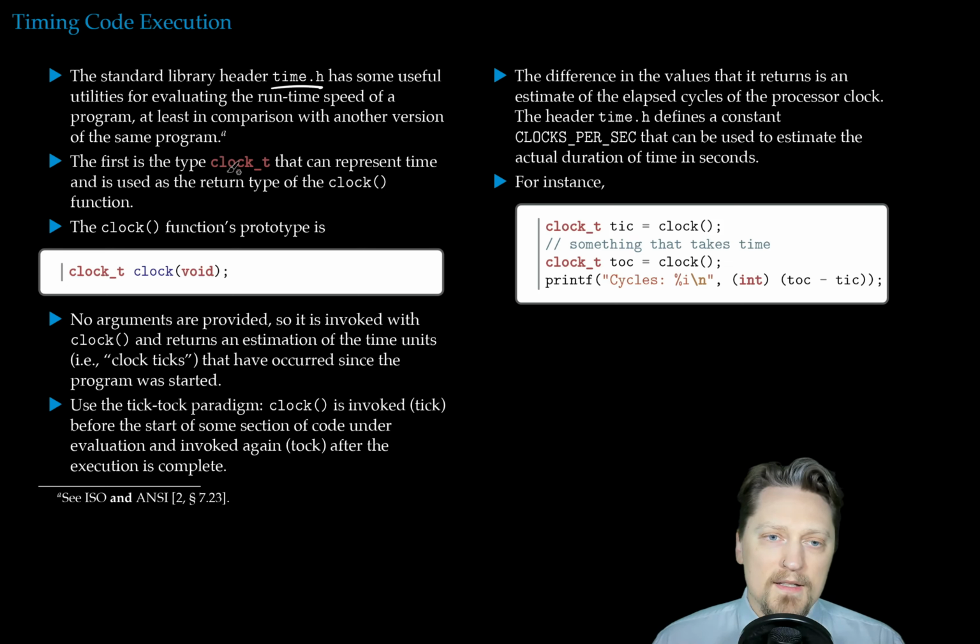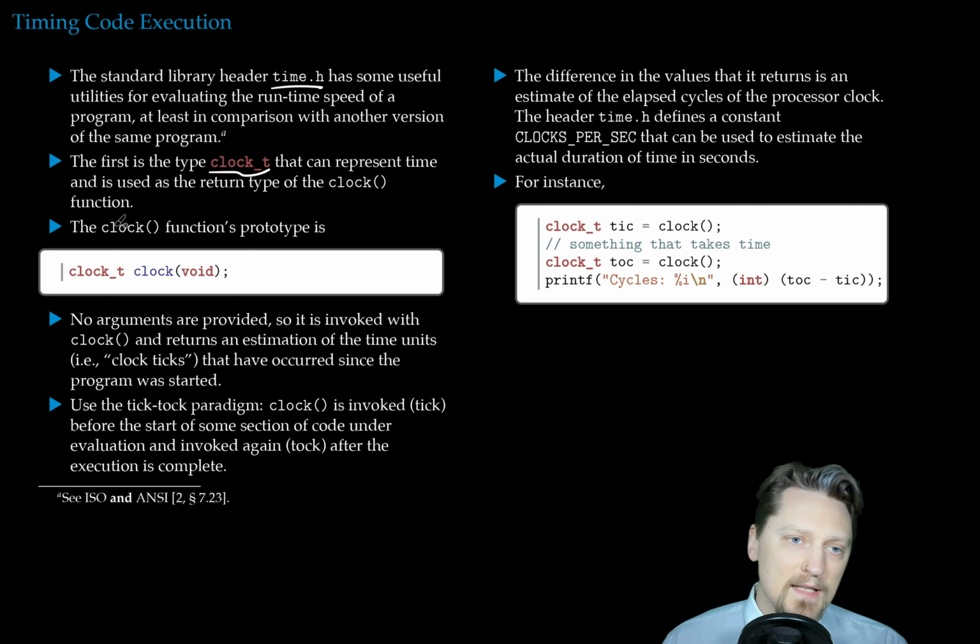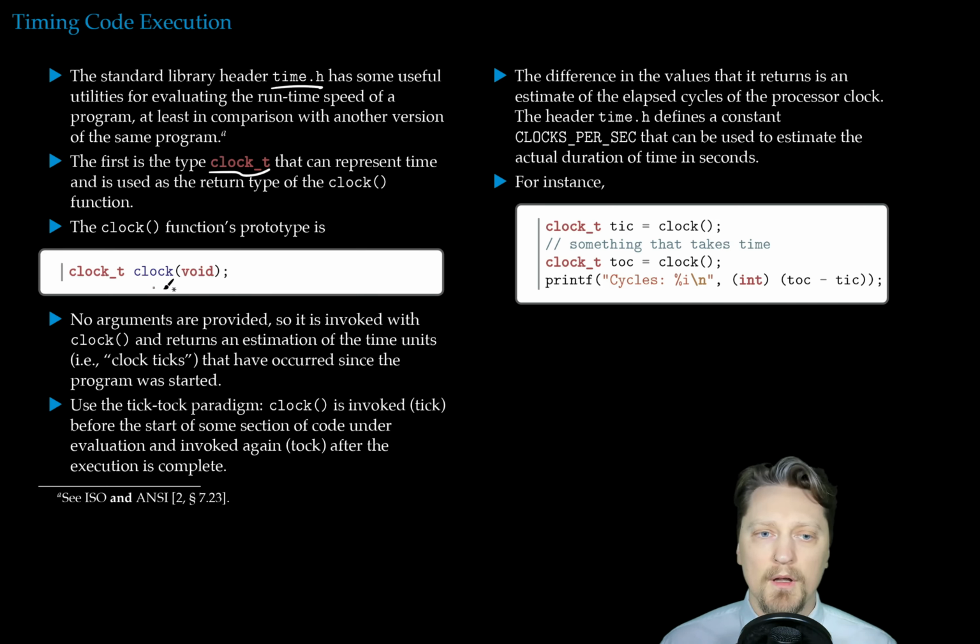The first is the type clock_t that can represent time and is used as the return type of the clock function. Let's look at the clock function's prototype. The clock function's prototype is clock_t, the return type, clock(void). No arguments are provided, so it is invoked with clock() and returns an estimation of the time units, i.e. clock ticks, that have occurred since the program was started.